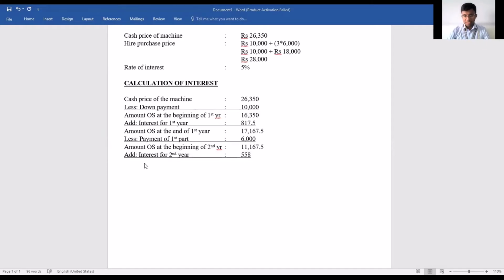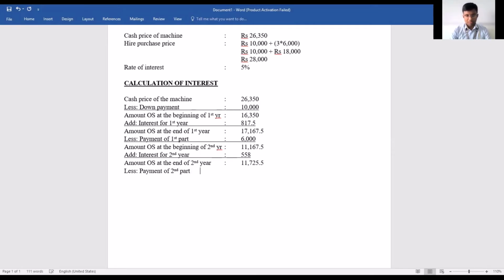Now 558 plus 11,167.5 makes it 11,725.5. So what is this? This is the amount outstanding at the end of second year. So this is 11,725.5, and now what we have to do is deduct the payment of second part.